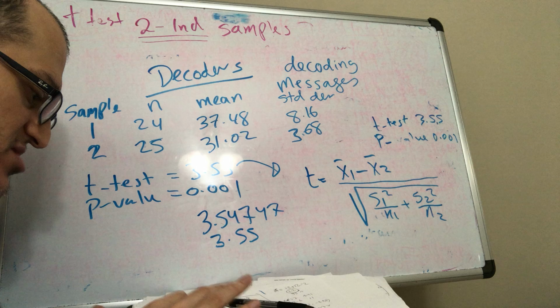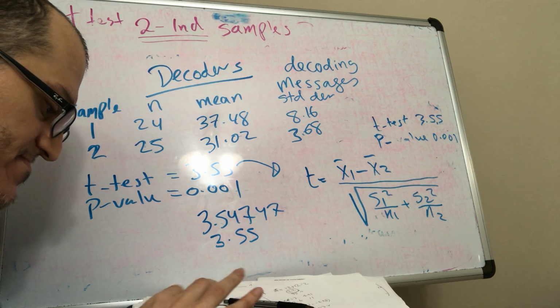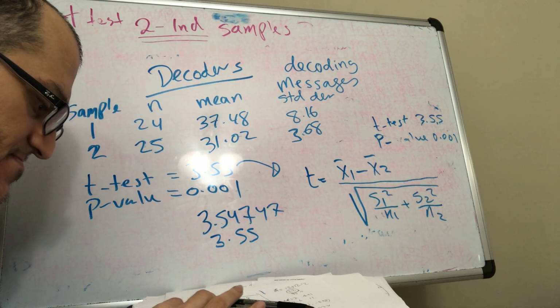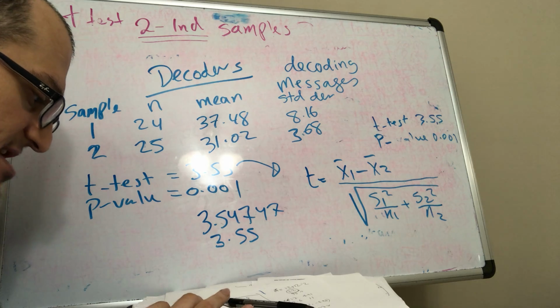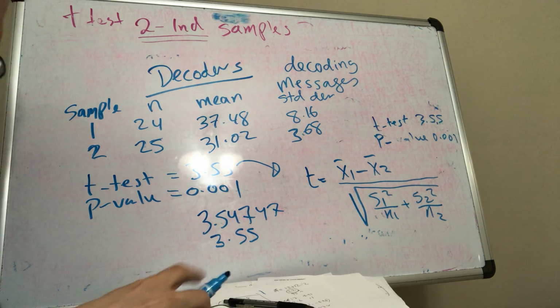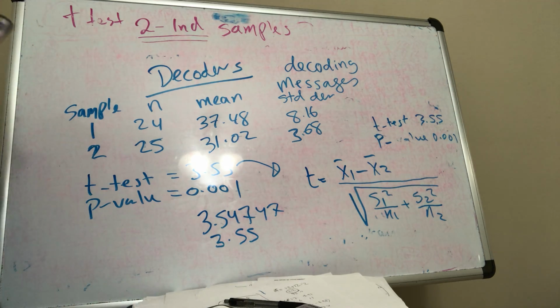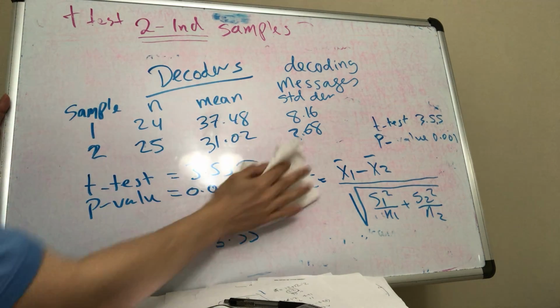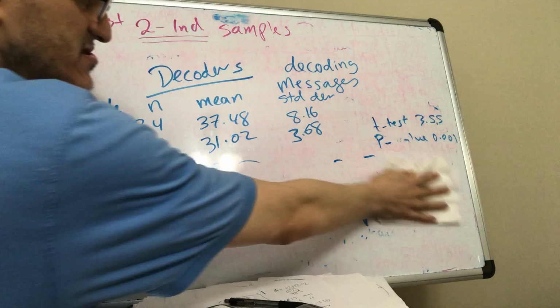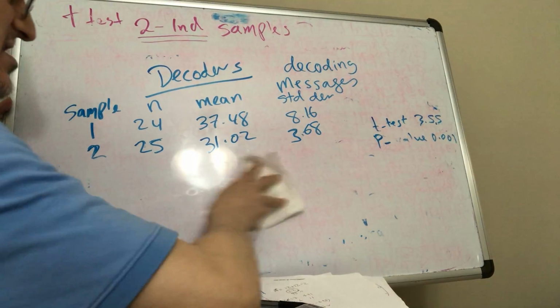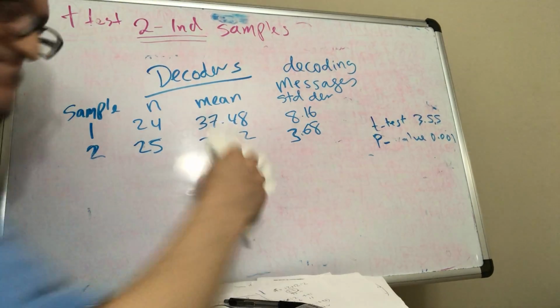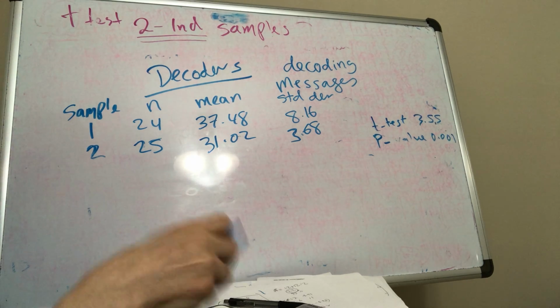Now, for the next part, yeah, they want you to state the hypothesis and define the parameters for this one. And the hypothesis testing for difference. Are the two groups different? Okay.